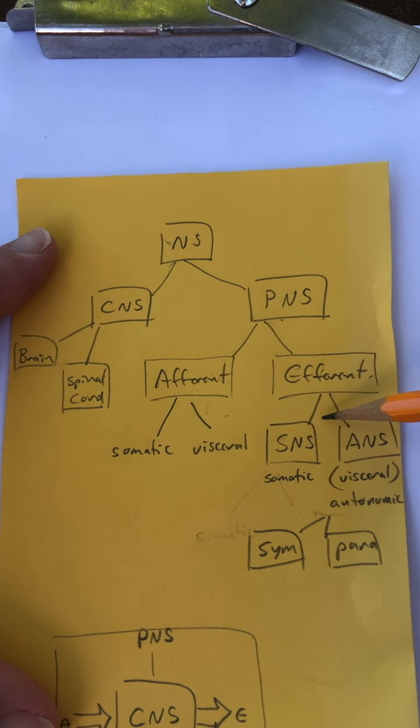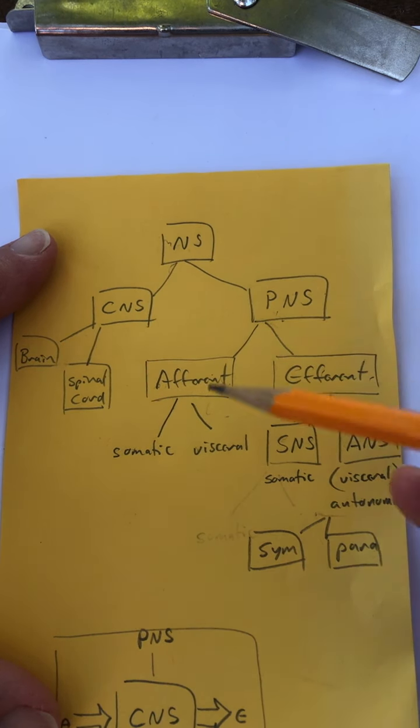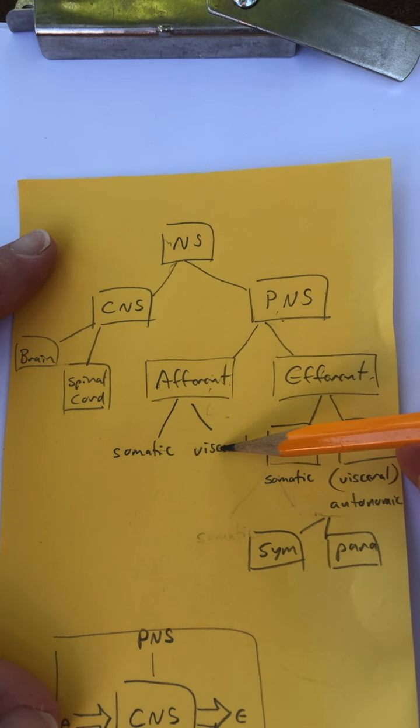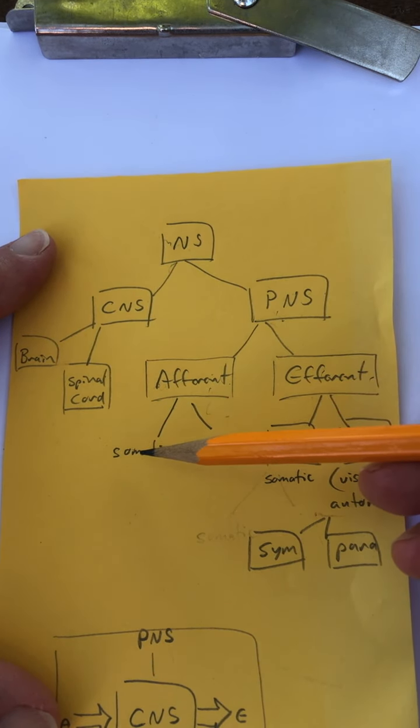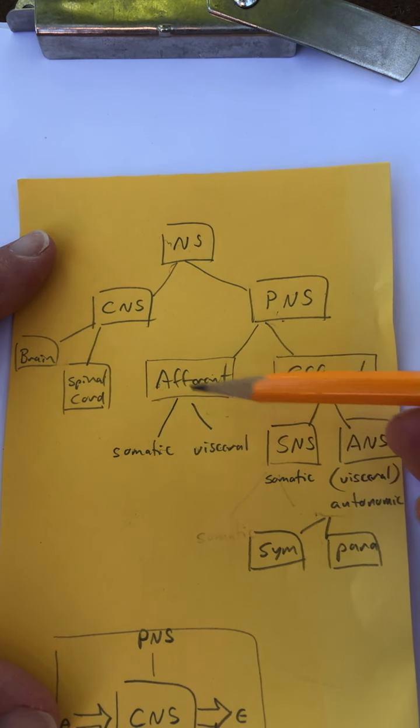The afferent nervous system, a subdivision of the peripheral nervous system, can be further divided into the somatic and the visceral. So we can talk about the somatic sensory or somatic afferent, or the visceral sensory or the visceral afferent.